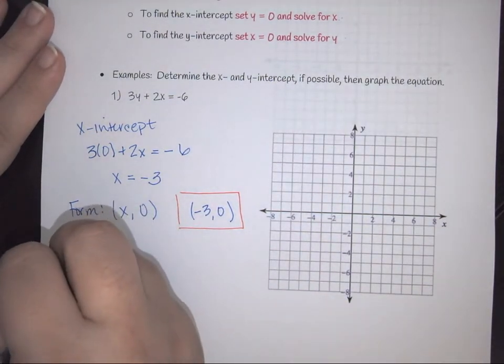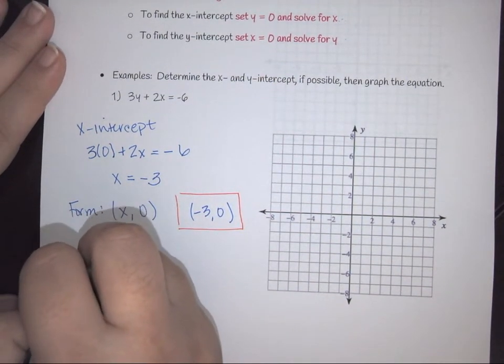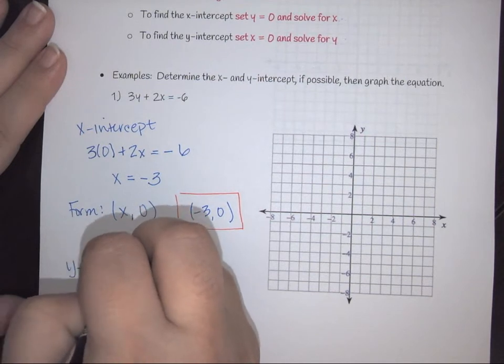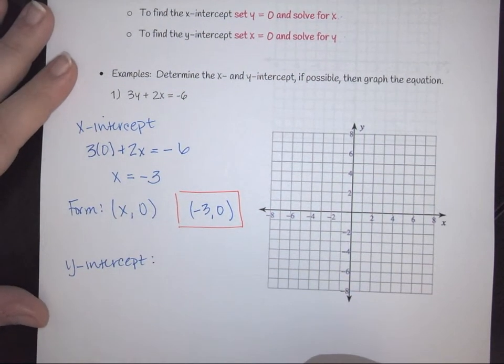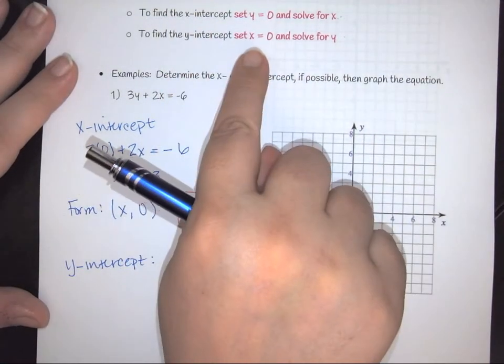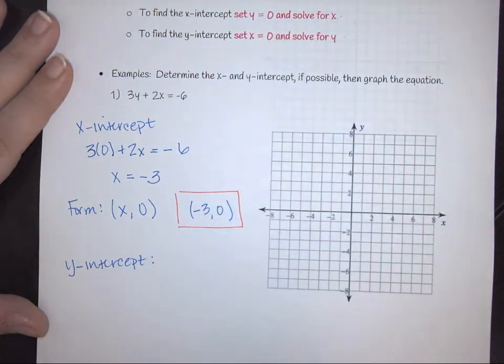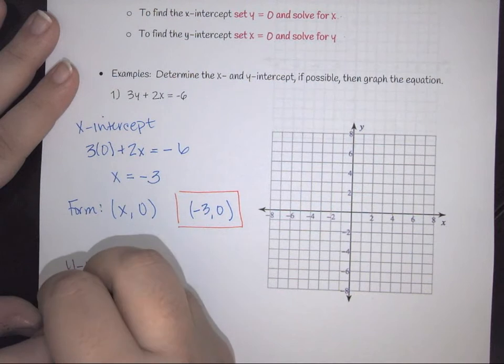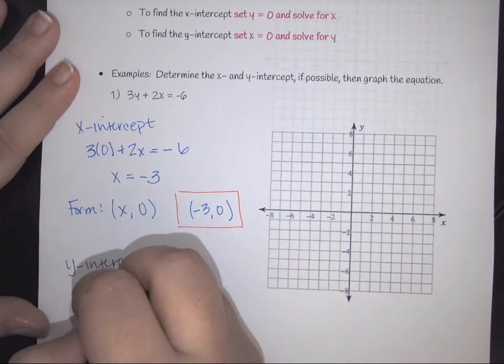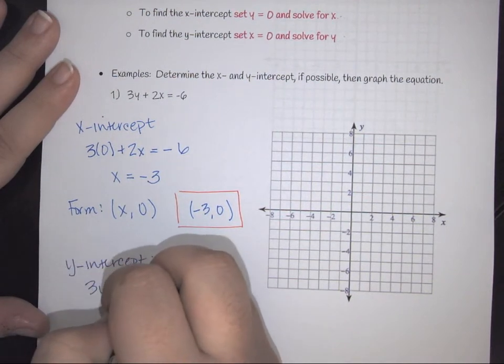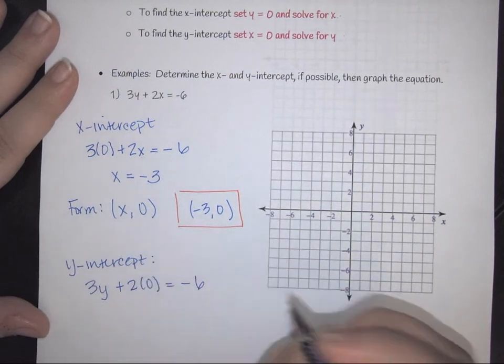Now the other thing we have to do is the y-intercept. Y-intercept says state that x equals 0 and solve for y. So here this becomes 3y plus 2 times 0 equals -6.